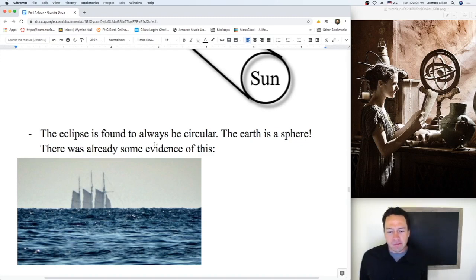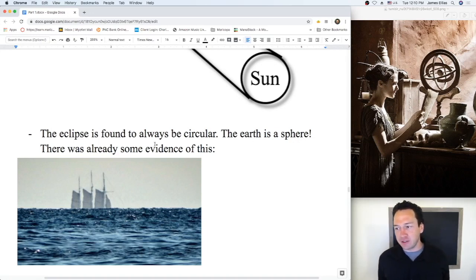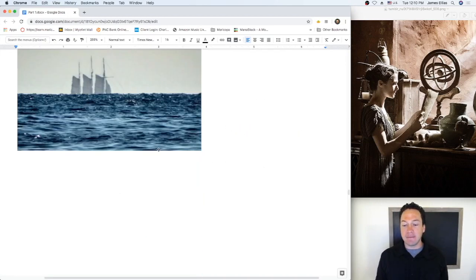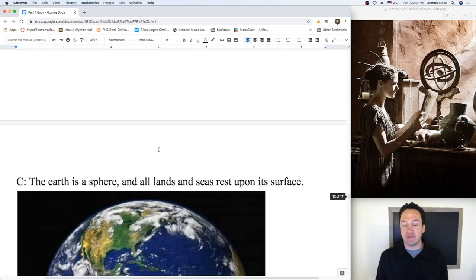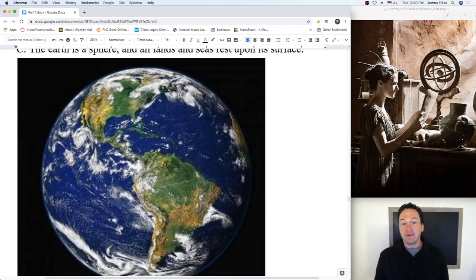And so Pythagoras was saying that maybe the Earth is a sphere and that this is a ship sort of going around the sphere, like over the hump, you might say. So this was just a hypothesis at the time, but we can see that Aristotle has confirmed the hypothesis.